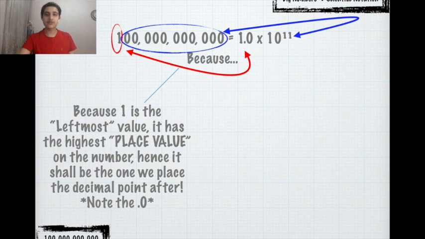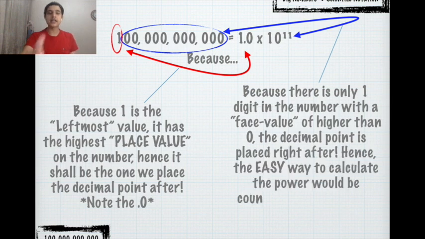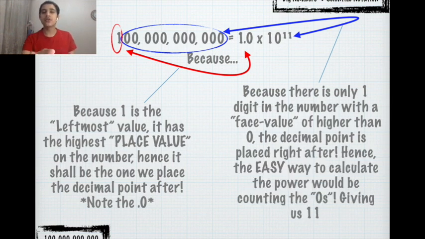It has to be the value of a. And the point 0, you normally don't put that. It's just there to explain how we're going to move the decimals. Times 10 to the power 11 is because there's only one number and the decimal point is placed right after.